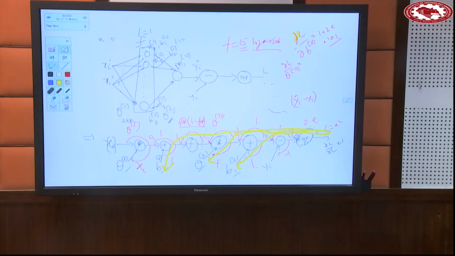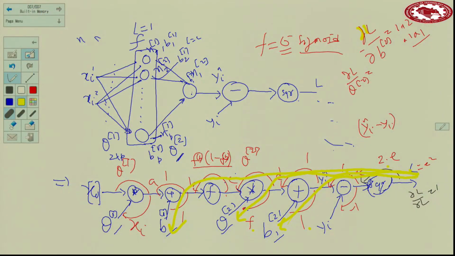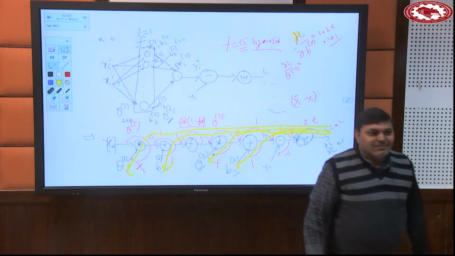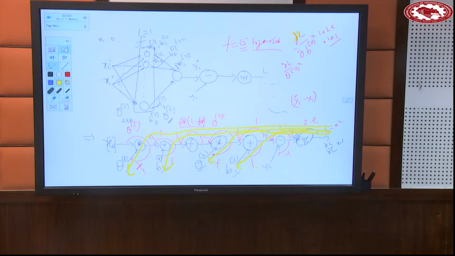Just multiply 1 into 2e into 1 into 1 into theta 2 into f into 1 minus f, right, into 1. Is it clear? And what about with respect to this? Into xi. So you have nicely computed the gradient for this neural network. You might have many layers, it doesn't matter, right?